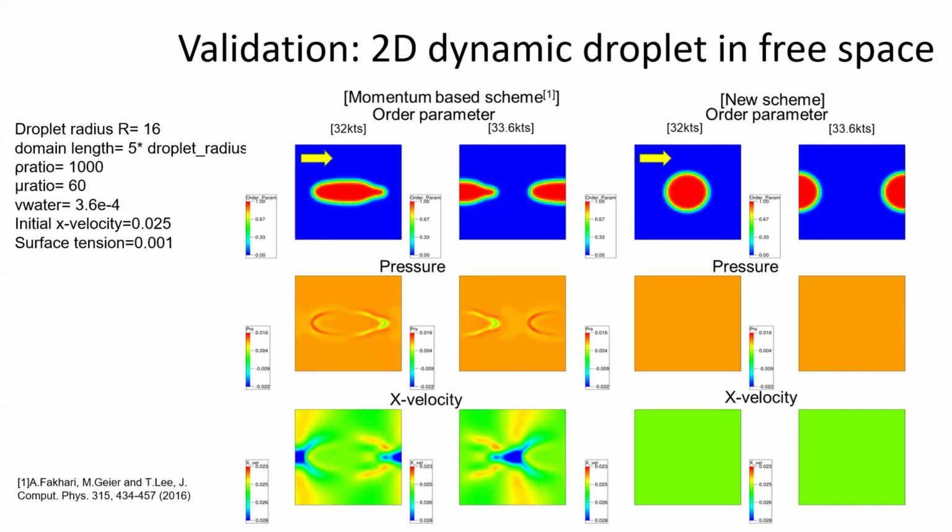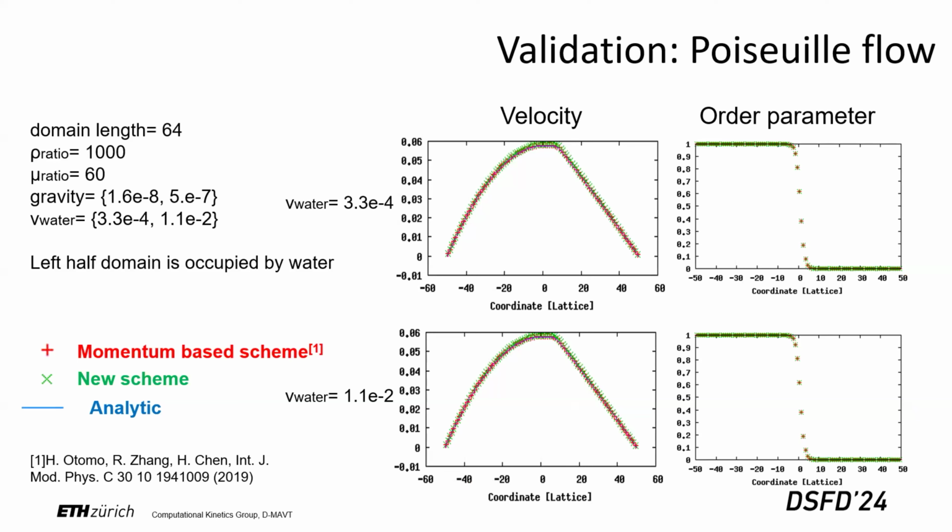For the dynamic droplet, compared to the original momentum-based scheme, we can get a circular droplet, and pressure and velocity are pretty constant. In this case, we apply the x velocity everywhere. From the Galilean invariance point of view, we should have a constant value, so that's consistent with that intuition.